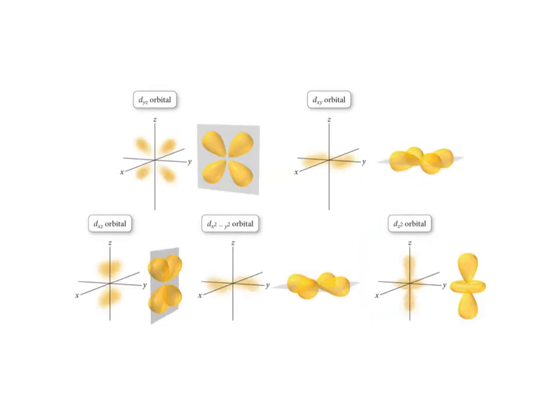Here are the shapes for the Ds, right? Getting more complex. Here's my favorite, the one with the donut, the dz squared. And these are just showing the different shapes allowed. So each of these first 4 shapes have 4 lobes, and then you've got the dz squared that has the 2 lobes and the donut.